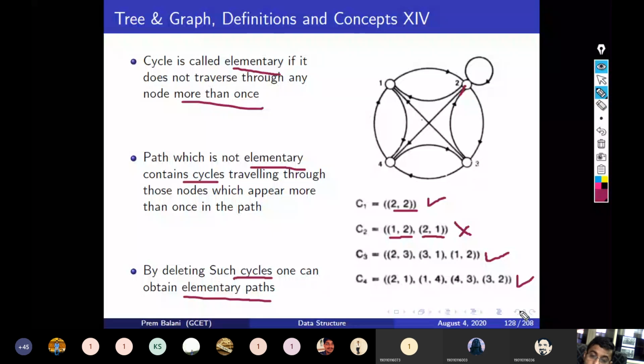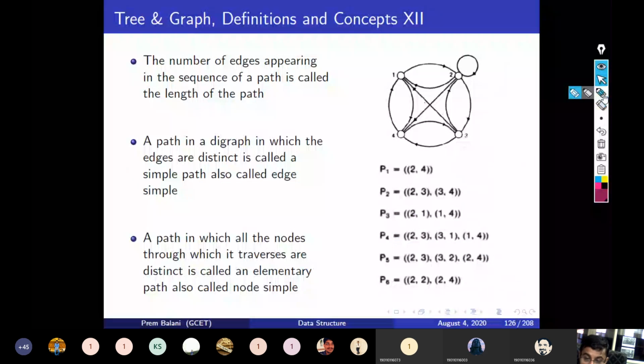Have you got this? Now the thing is, by deleting the cycles from a non-elementary path, we can get the elementary path. So to test this, let us go to the previous slide and select the non-elementary path. Which path is not elementary? For example, this path is not an elementary path, right? Let me first take the simple path.